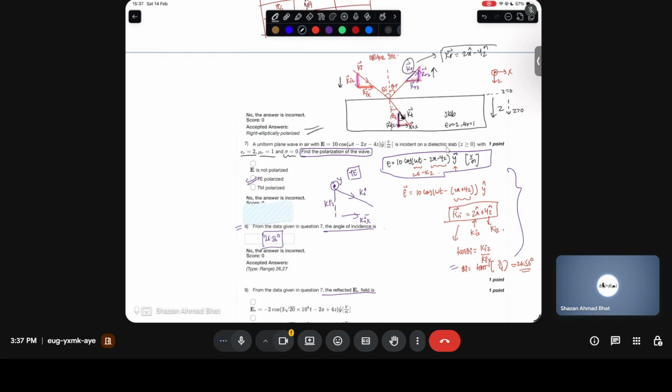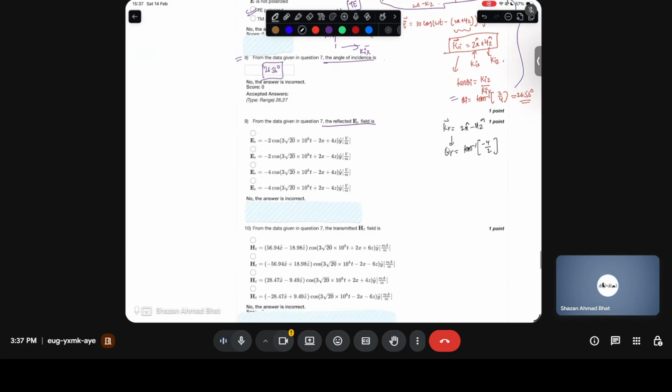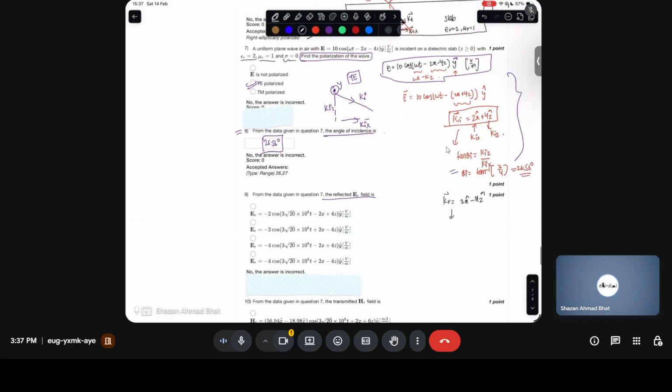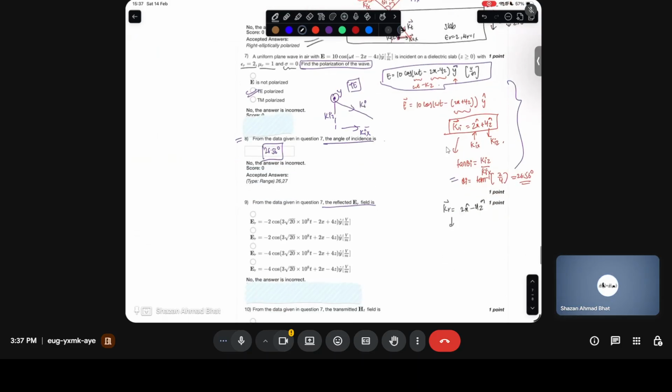So now you have the k reflected vector, which is equivalent to 2x cap minus 4z cap. You can find theta reflected as tan inverse of minus 4 divided by 2. Yeah, this is the exact correct representation.